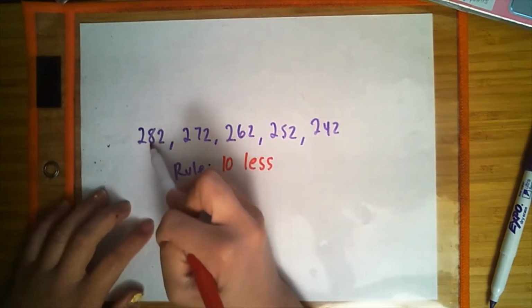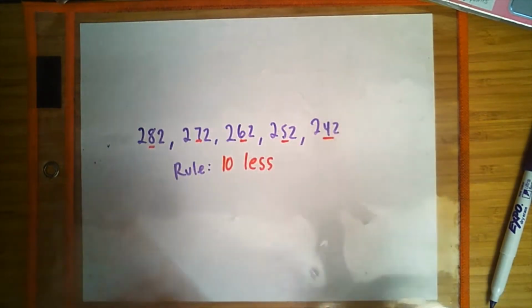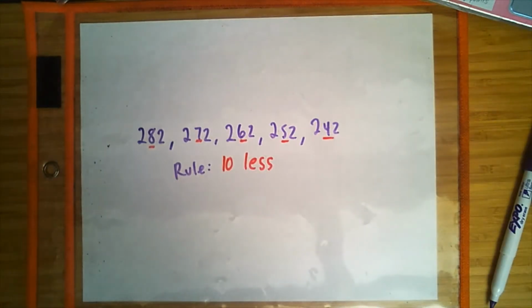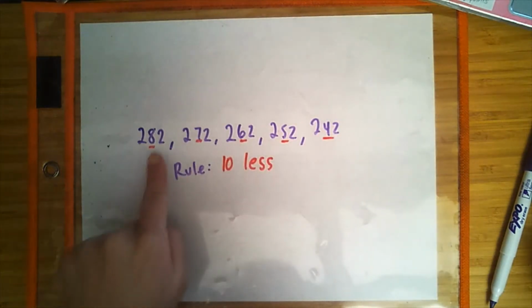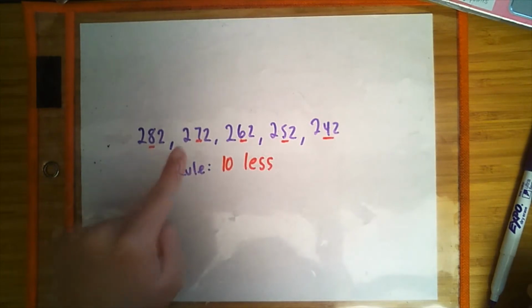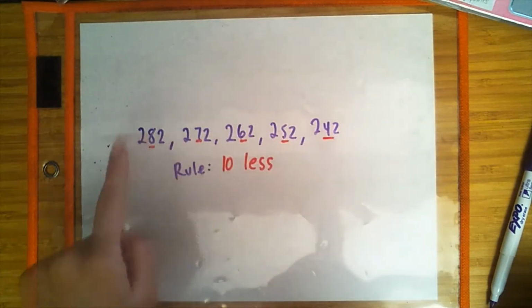Take a look at the change in the tens place. Each time we are taking 10 away, it's counting down 10 less. 282 down to 272, and you'll notice that the tens place is changing by 1 ten, or 10.